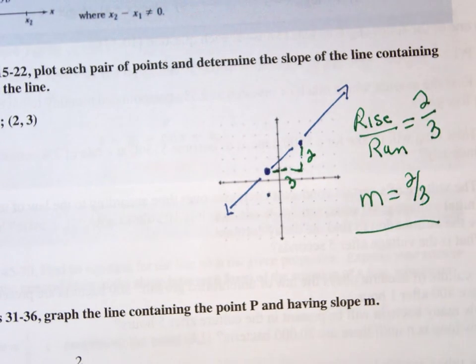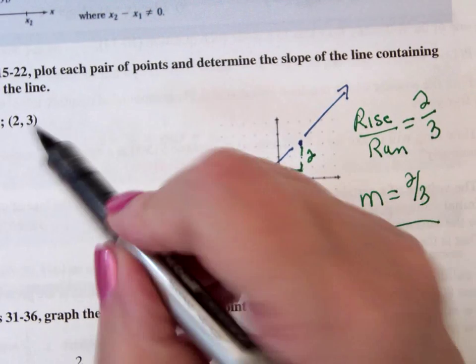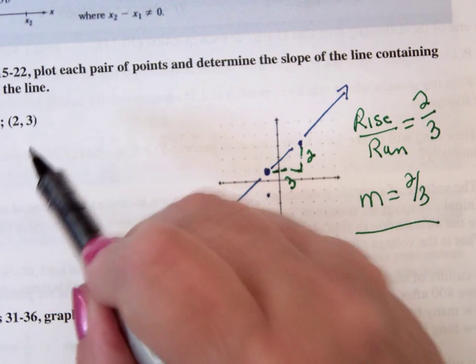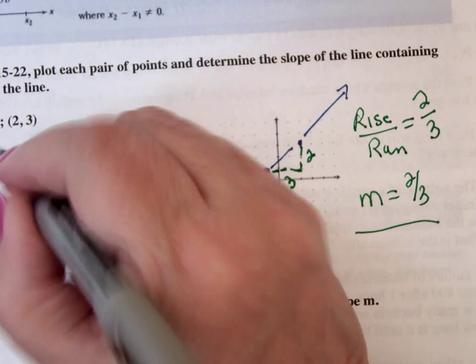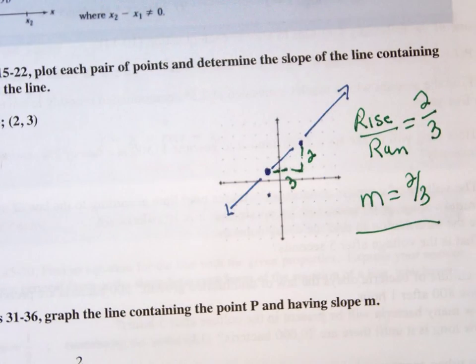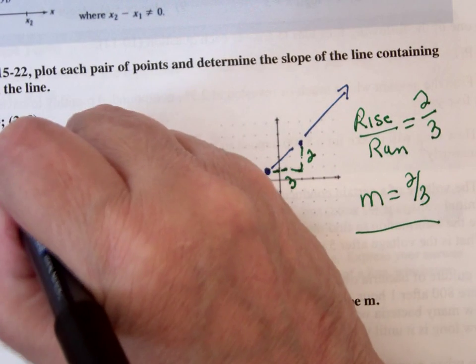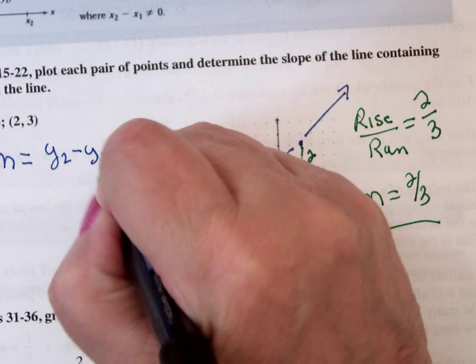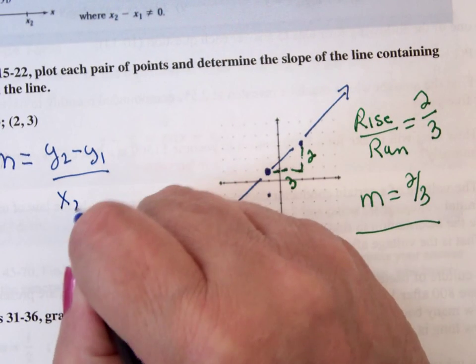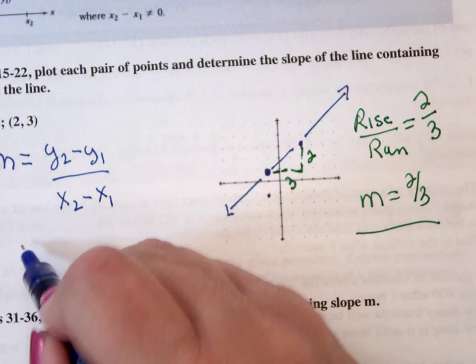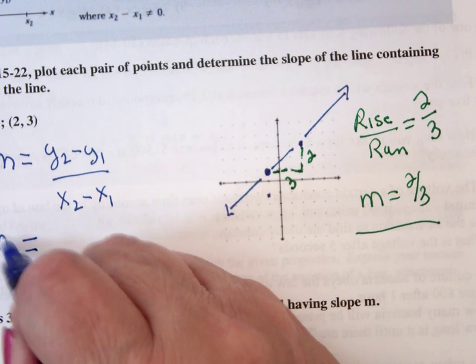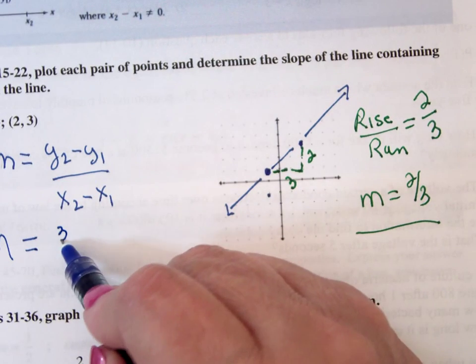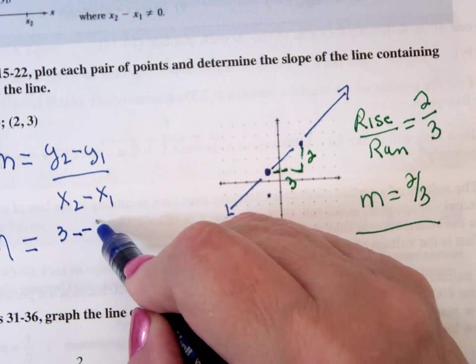I could also use the formula for the slope, which we know that m is equal to y2 minus y1 over x2 minus x1, which is 3 minus a minus 1.